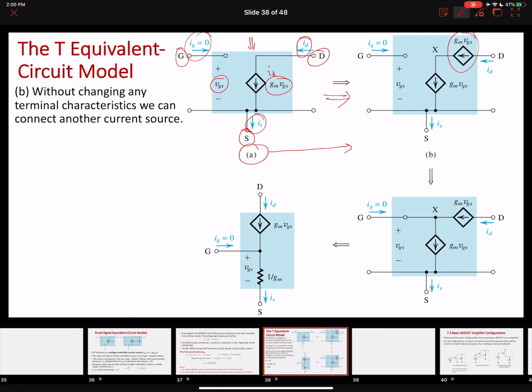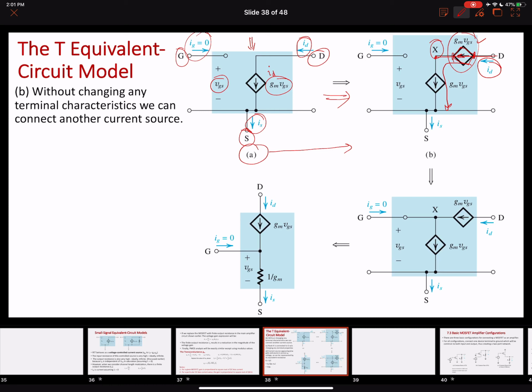Rather than adding a current source, I'm just representing the same current source in this branch as well, because this is the same current that is flowing in this entire branch. This is the current ID, which equals gm VGS. So I defined this node X and added this current source here, which is the same current source because we have the same drain current that is flowing from drain to the source.